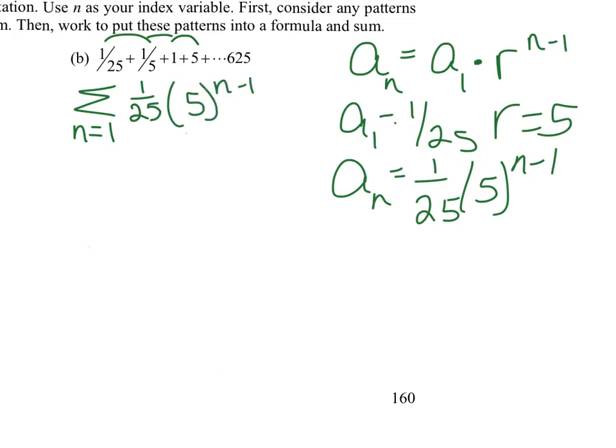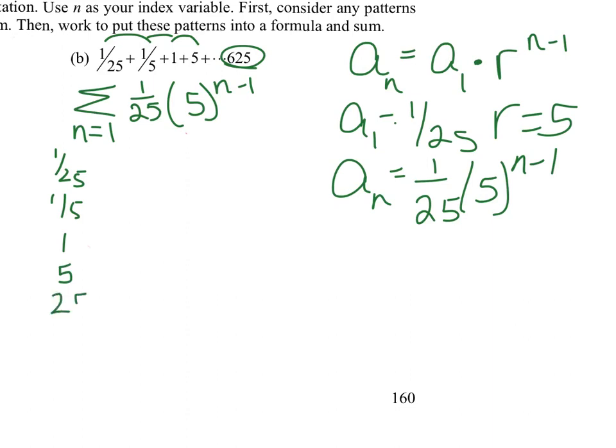Now the question is, what term is that 625? How many terms is it? So like I did earlier, I could keep multiplying each of these by 5 and see where I get.